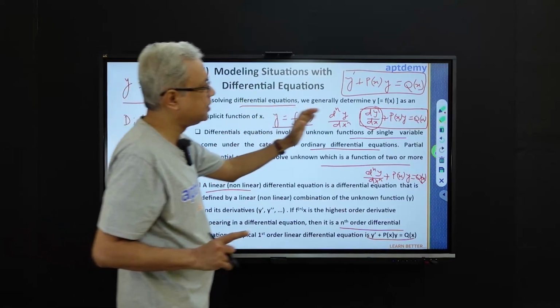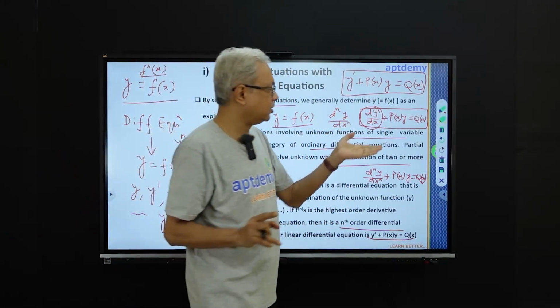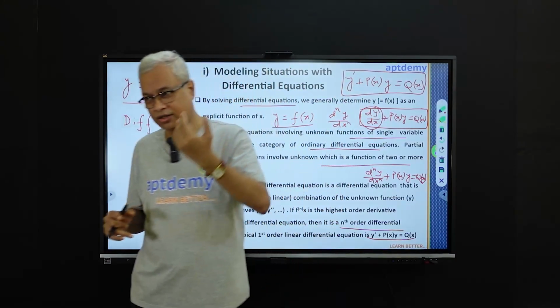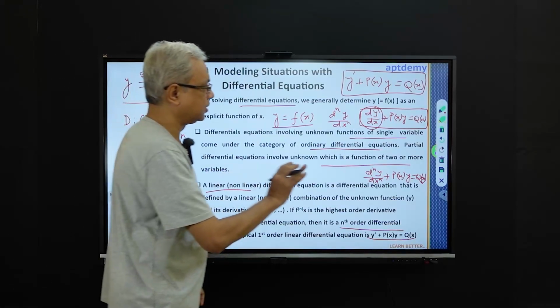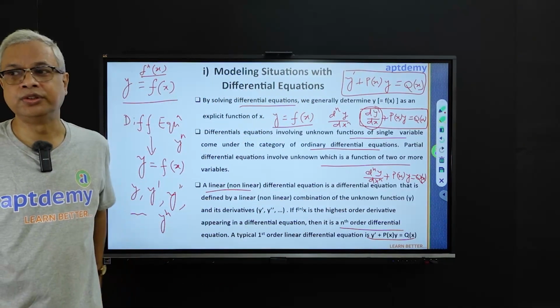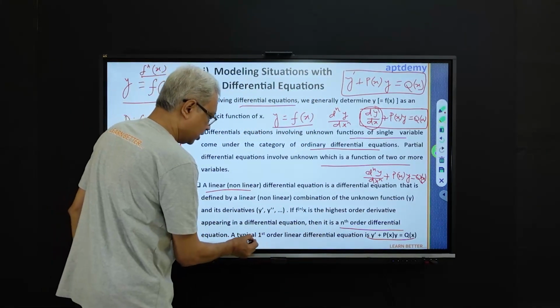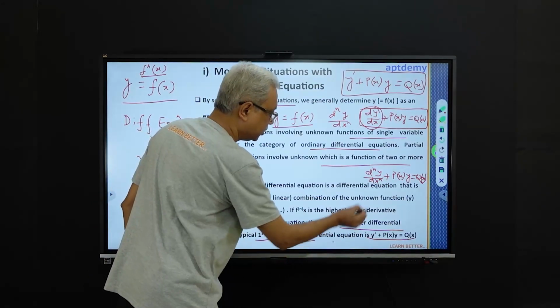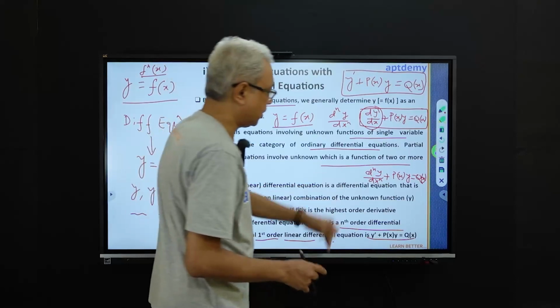That means only linear terms of y and y dash are involved. There is no term above y dash, that means second order, third order differential operators are not available in the expression. And y is a function of a single variable, which is x. So this is a first order linear differential equation: y dash equal to p(x) y plus q(x).